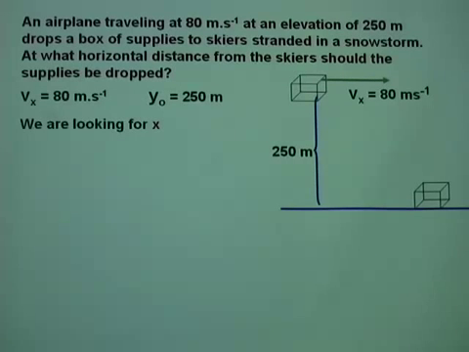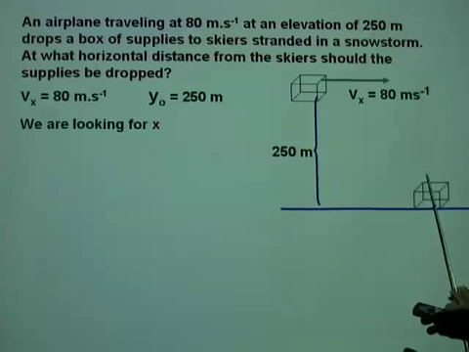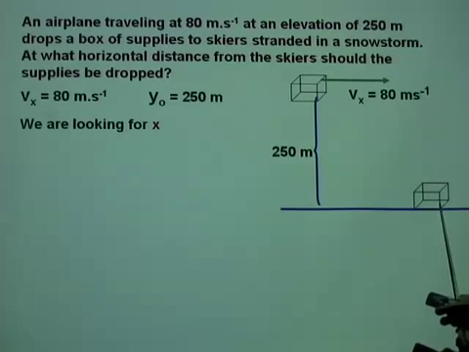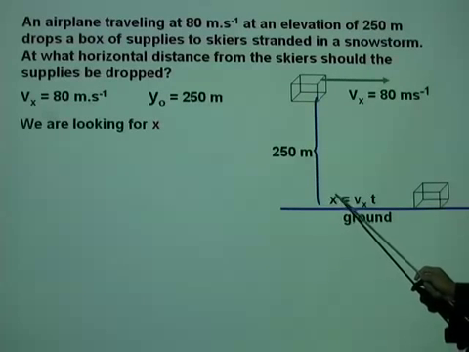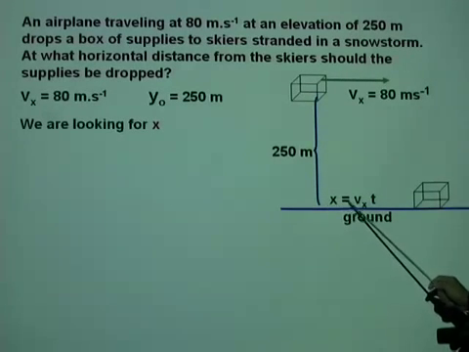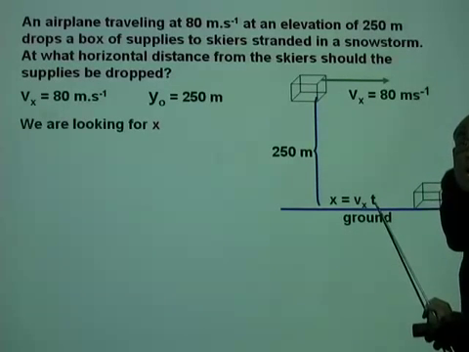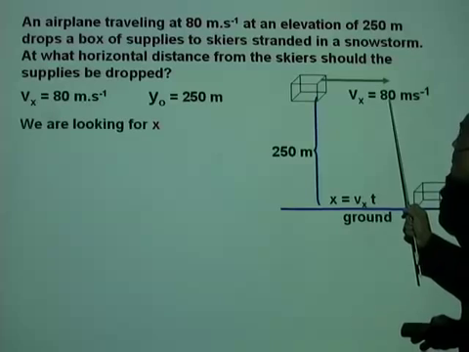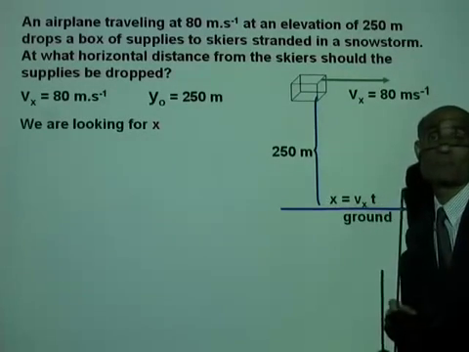Now look at the motion of that box again. It has an initial horizontal velocity. So this is how the box is going to fall. Now we need to find this x, and you know x equal to Vx multiplied by the time of fall. We know Vx, therefore we need to find the time.